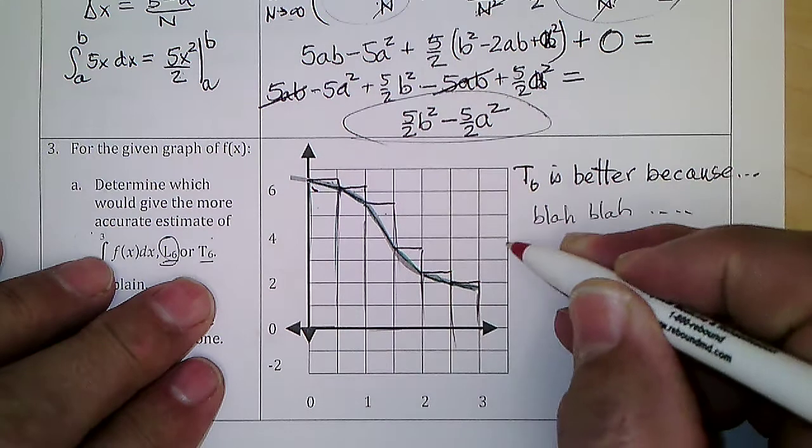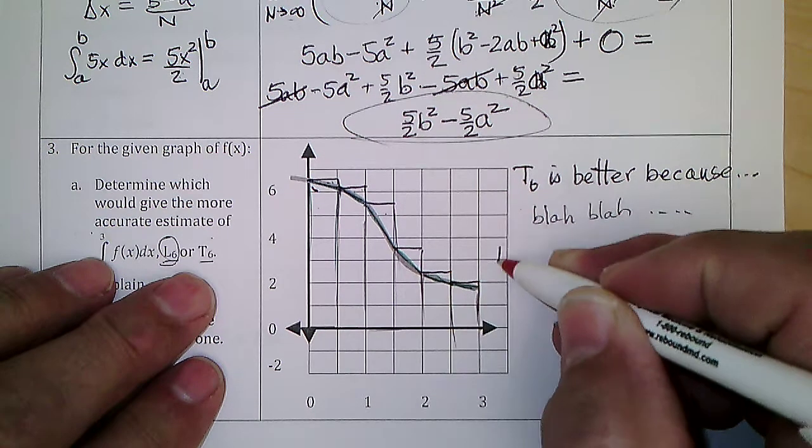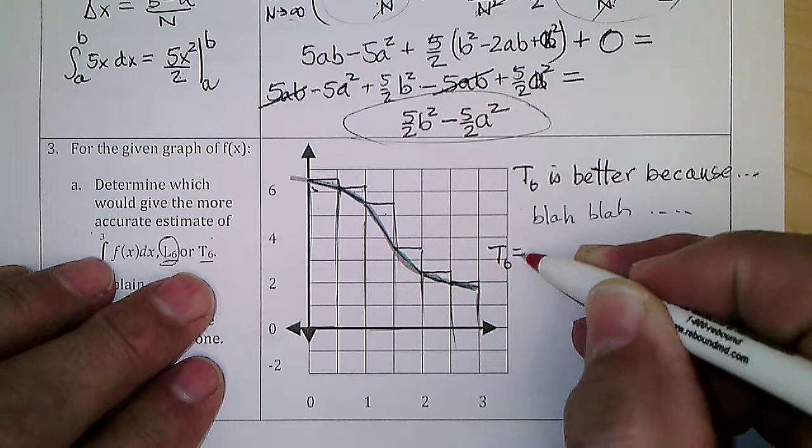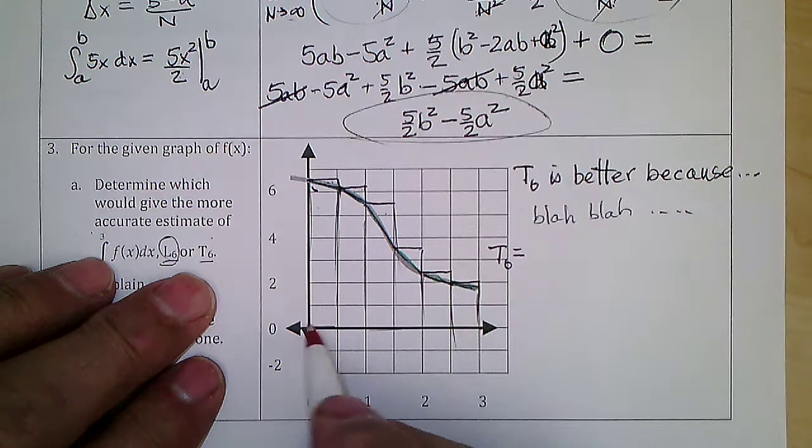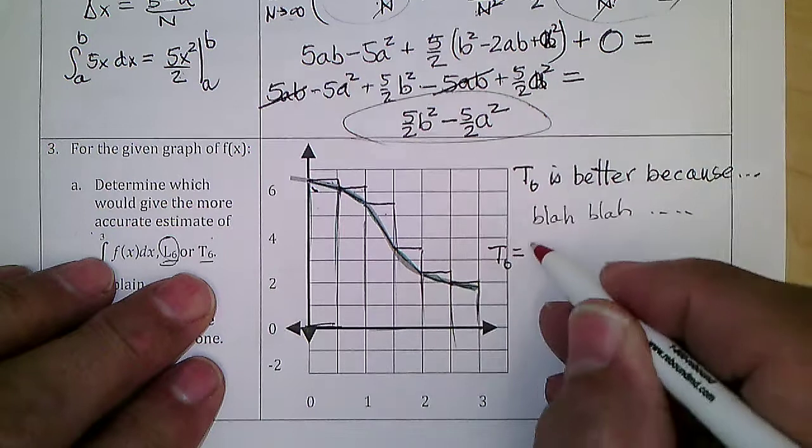And some people did it this way. T6 would be the width of the intervals. Well, each one of these is a half unit wide.